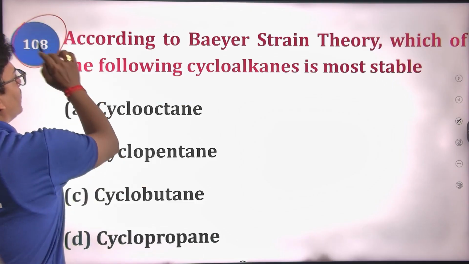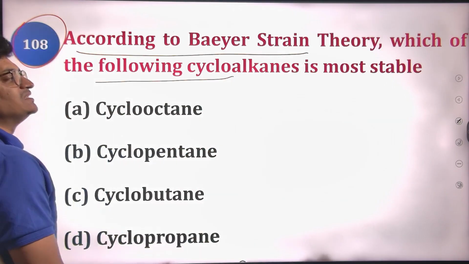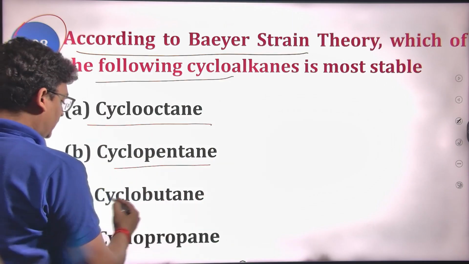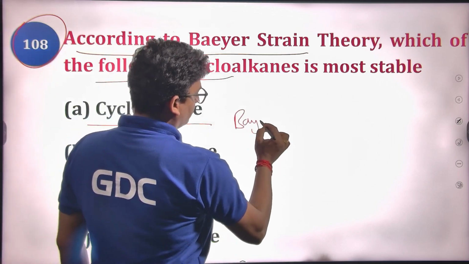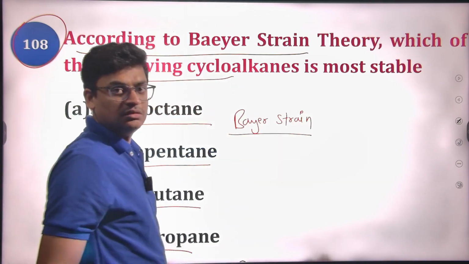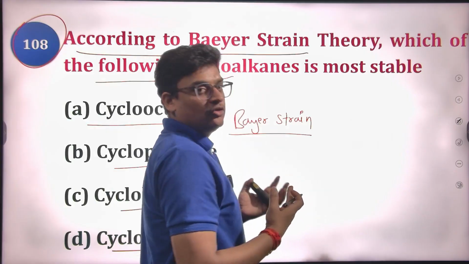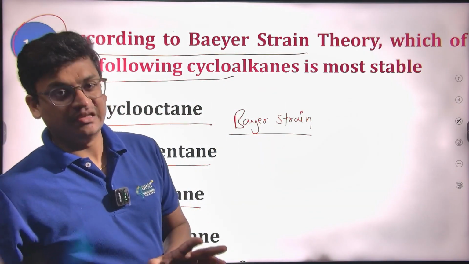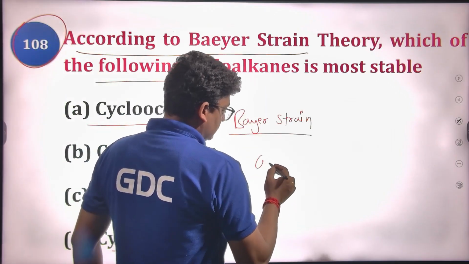Question number 108. According to Baeyer strain theory, which of the following cycloalkanes is most stable? Cyclooctane, cyclopentane, cyclobutane, or cyclopropane? So according to Baeyer strain theory, that was totally based on strain. According to Baeyer, all these cycloalkanes are flat, planar structures, and their stability order is something like this.